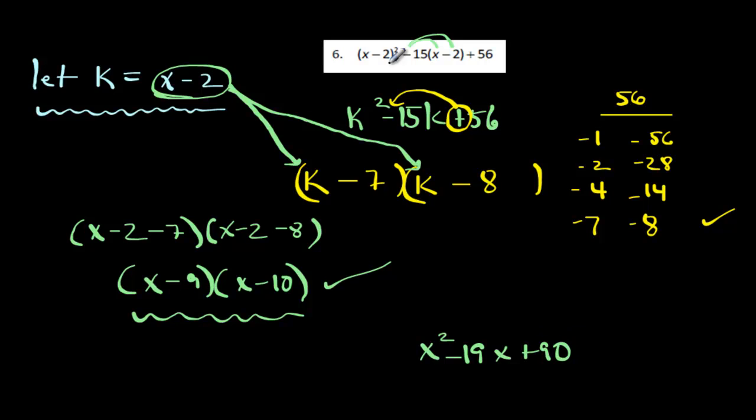That's what you would get if you squared that, distributed the negative 15 in, and added the 56. And then you could factor it like we did this, and you would get this here. But using k substitution or u substitution, whatever variable you want to use here, sometimes is much quicker than actually going through and FOILing all that stuff out.